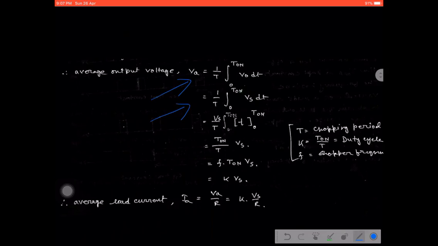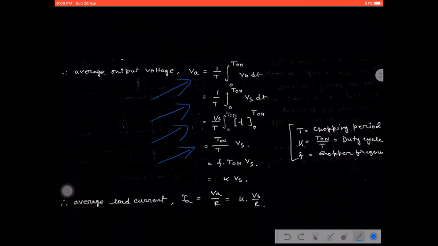After integrating, we get Vs by T with upper limit T1 and lower limit 0. After simplification, T1 minus 0 gives only T1. So that means T1 by T times Vs.